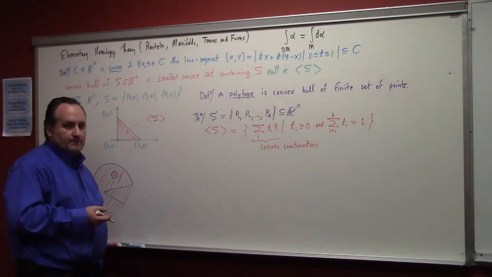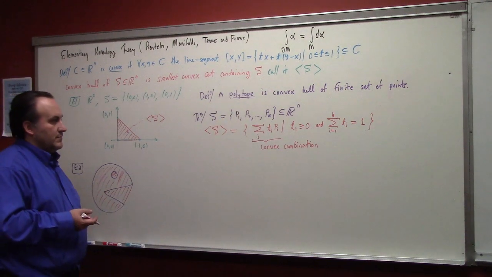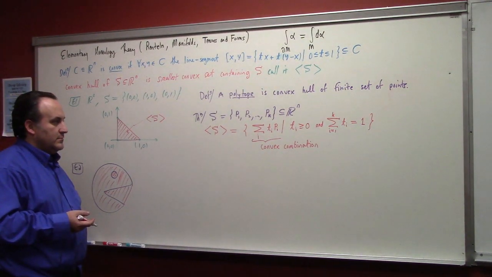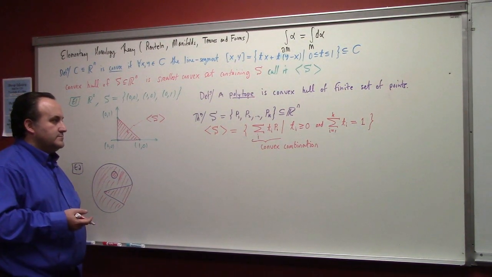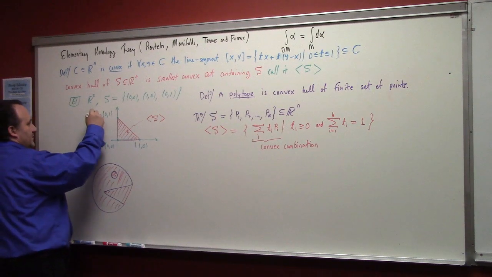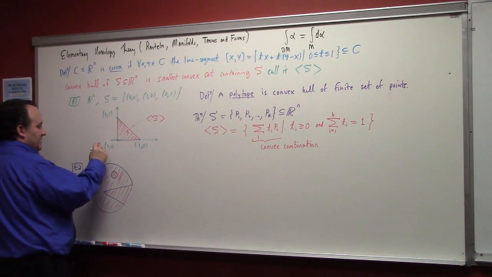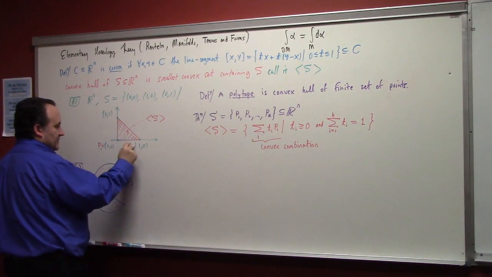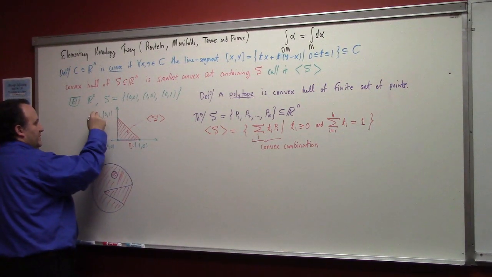Why are we wanting the condition that the sum equal 1? I'm having a hard time visualizing. Let's see here. So for example 1, maybe this is P1, this is P2, this is P3.